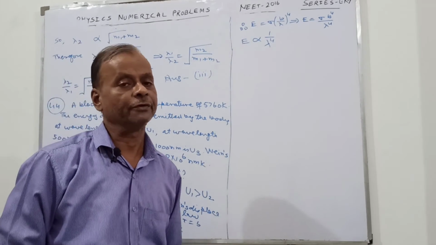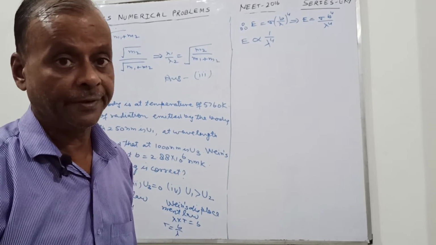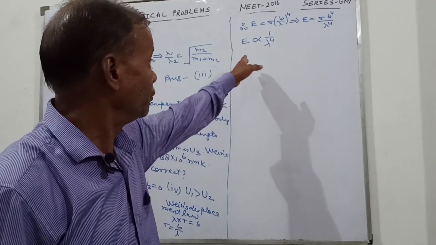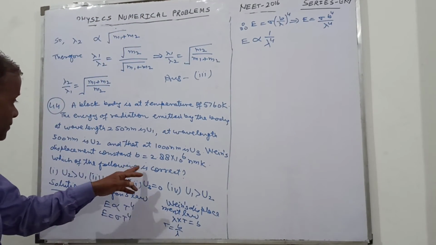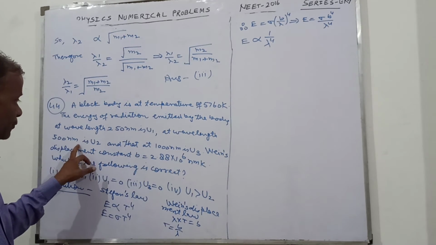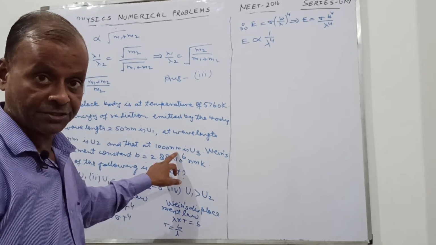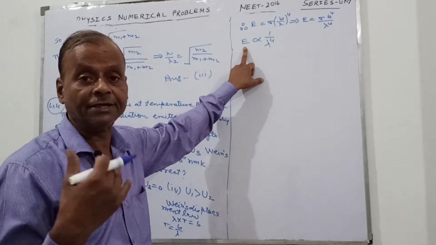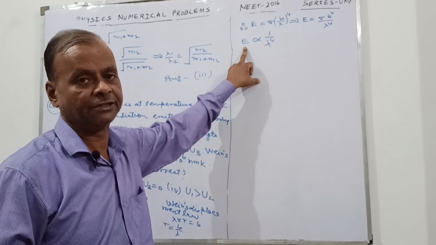It means that whenever we are given the wavelength at a certain temperature, then there will be the emission of heat radiation, and that will follow this relation. And we know that you are given the wavelengths 250 nanometer, 500 nanometer, 1000 nanometer. So as the wavelength increases, E will decrease. It means that E will be maximum for the minimum wavelength.